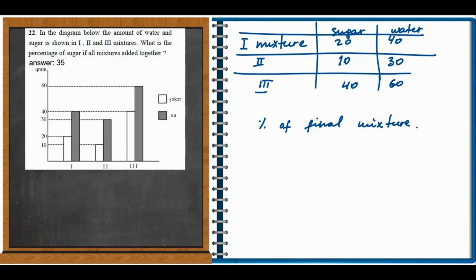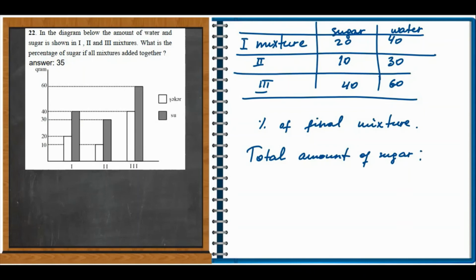So let's find the amount of sugar. We know the amount of sugar. So the total amount of sugar will be 20 plus 40 plus 10 equals 60 plus 10, 70.